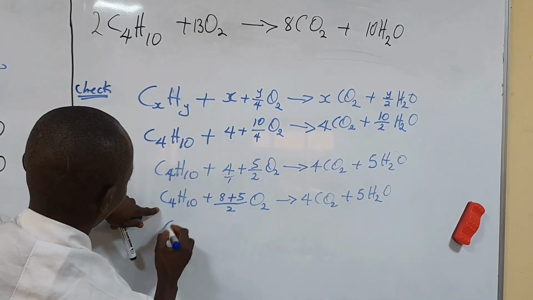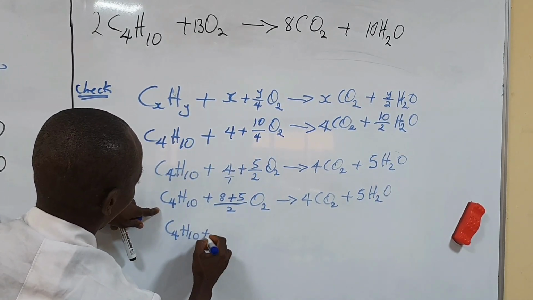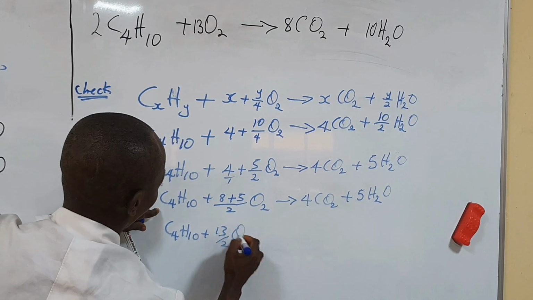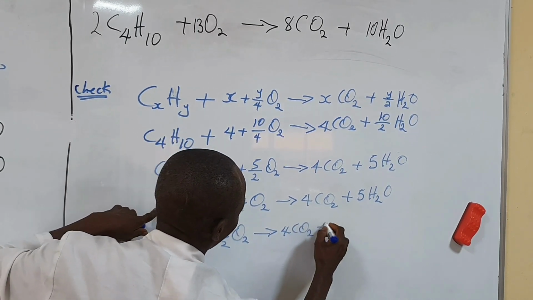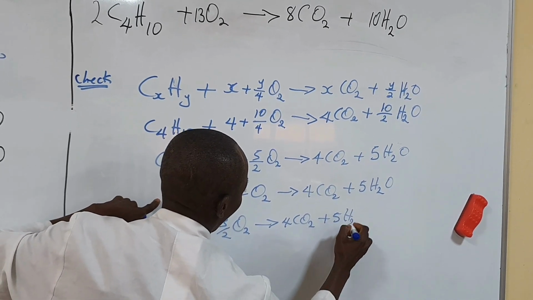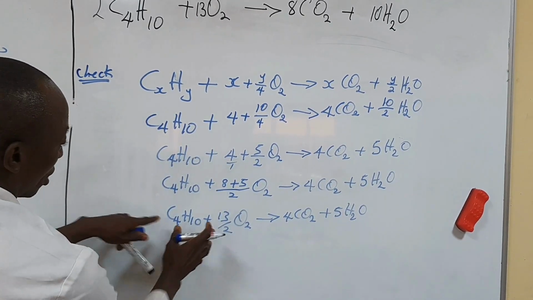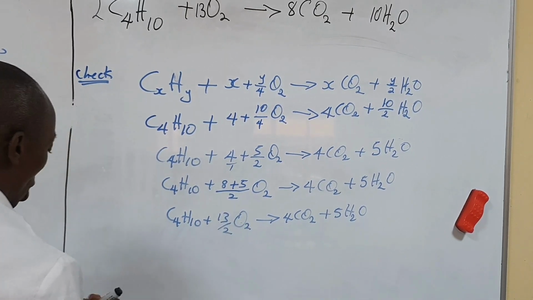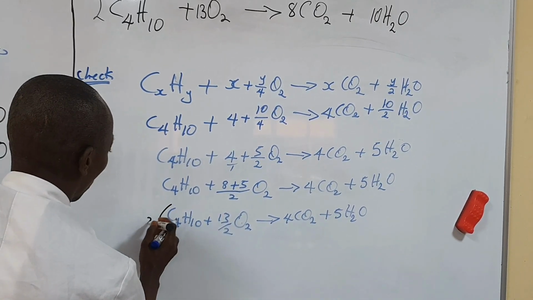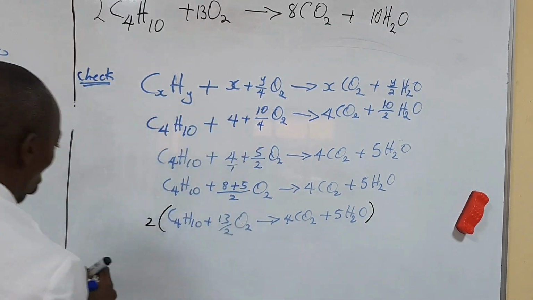Alright, this is C4H10 plus 13 over 2 of oxygen atom and 4 moles of carbon dioxide and 5 moles of water. Yes, this is correct. But try to make the oxygen a whole number. You multiply all through by 2.